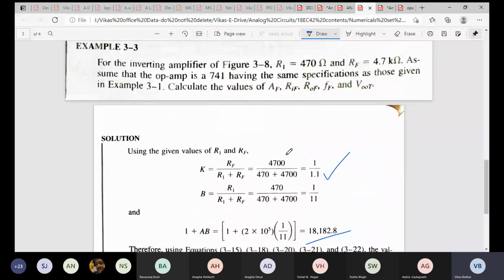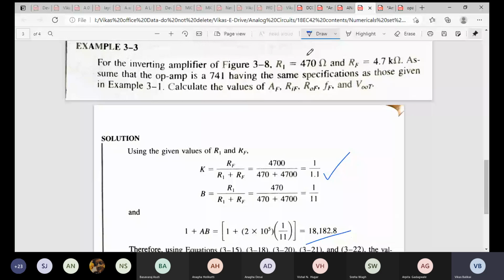So this is all about your entire set of derivations pertaining to op-amps, the voltage series feedback amplifier and the voltage shunt feedback amplifier, with respect to inverting and non-inverting configuration. And we have seen all the derivations, and we have solved all the numericals pertaining to these things.